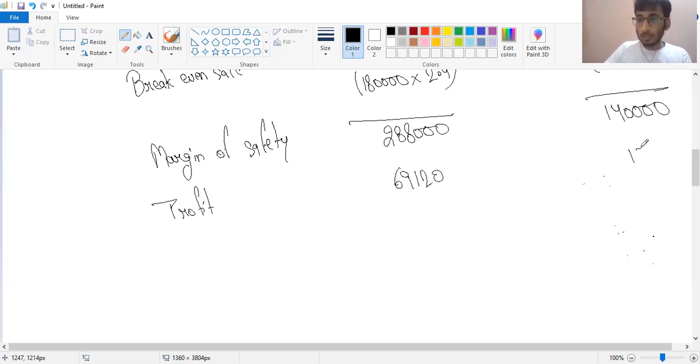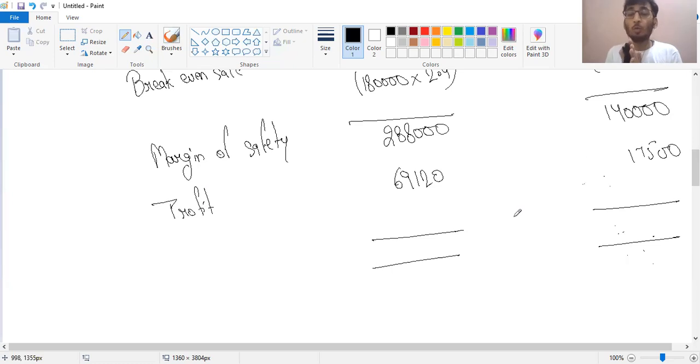Now see, since we do not have any fixed cost over margin of safety, I can say in this margin of safety sale, there would be only two components. One is variable cost and one is profit. So you can say variable cost plus profit is equal to margin of safety.